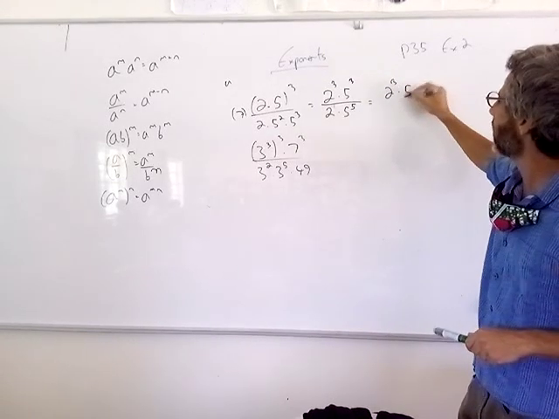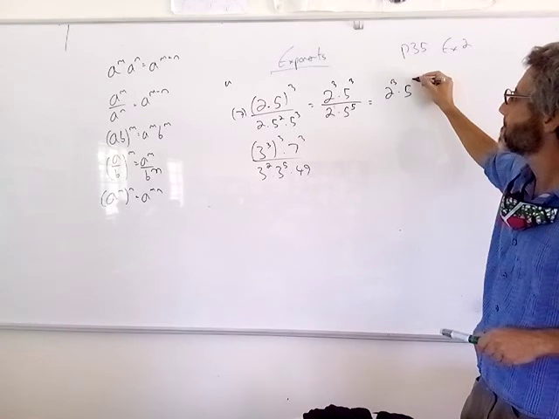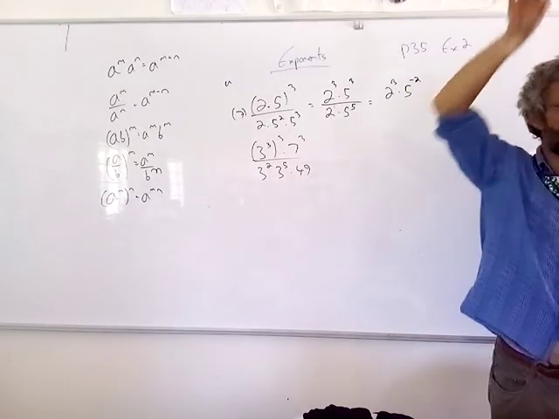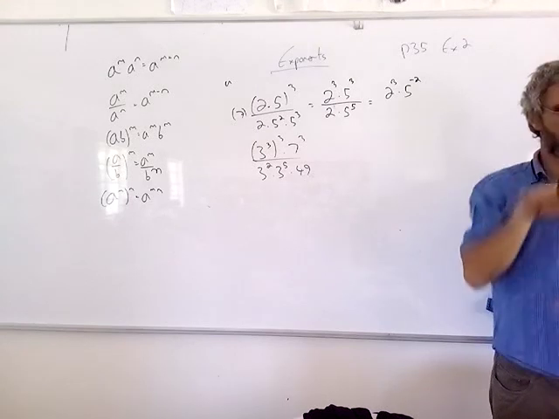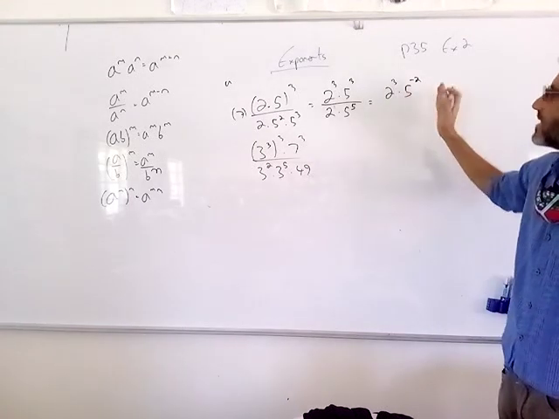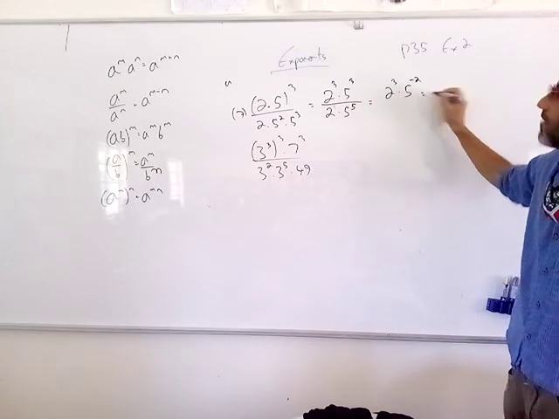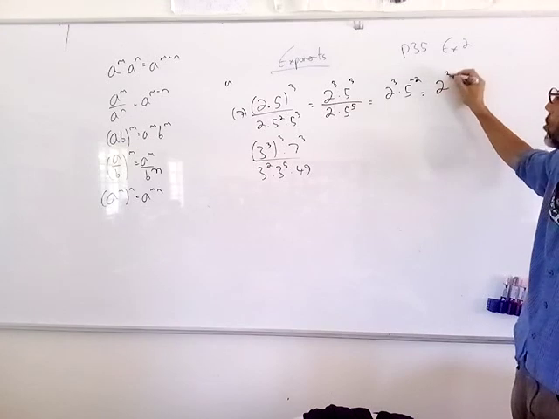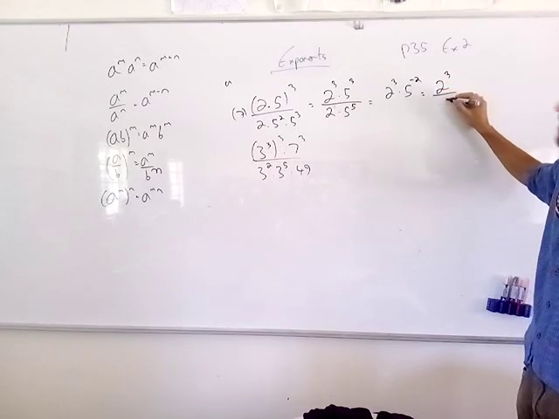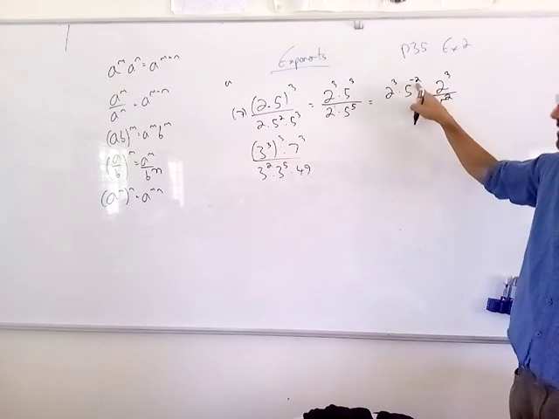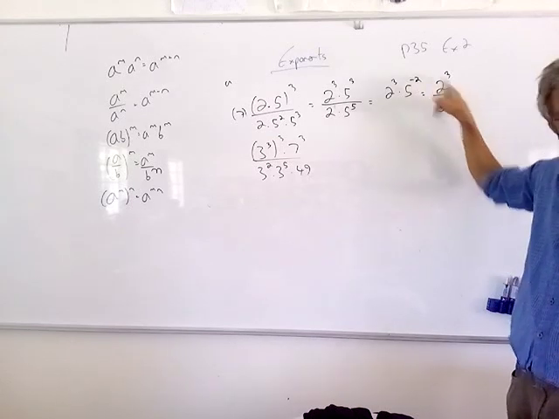We get 5 to the power of negative 2, because 3 minus 5 is negative 2. There's nothing wrong with that, but if I ask you to write it with a positive exponent, it will be 2 squared divided by 5 squared. If it's minus 2, it means we're pushing it to the bottom.